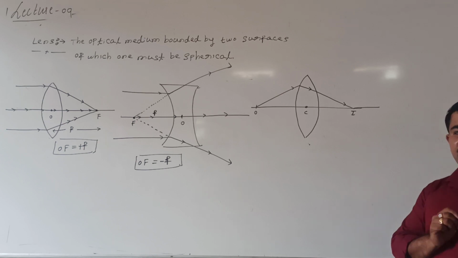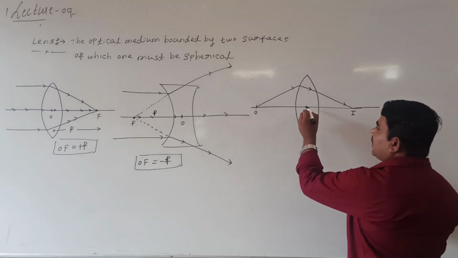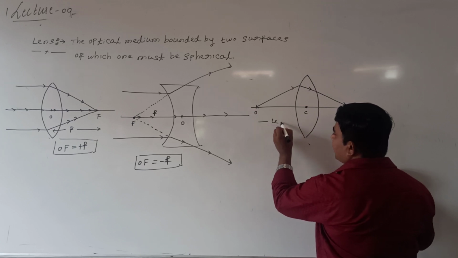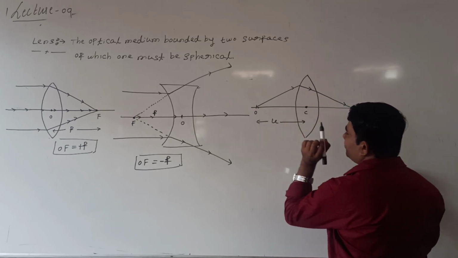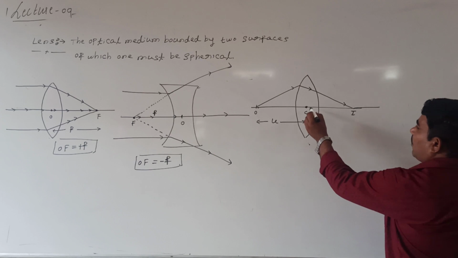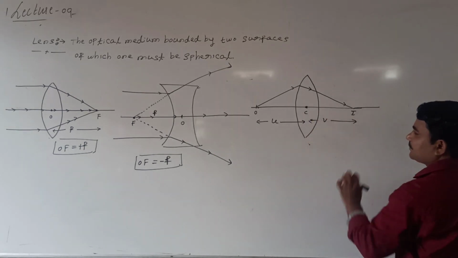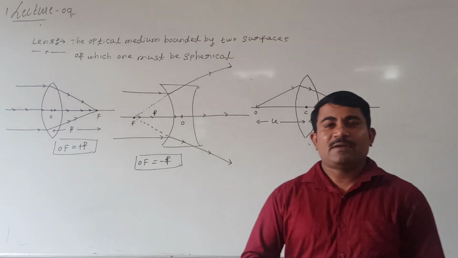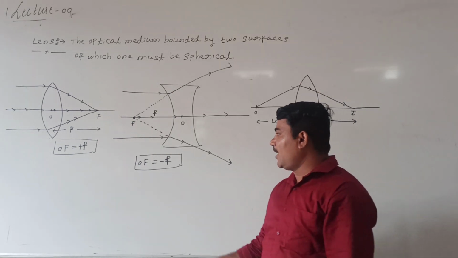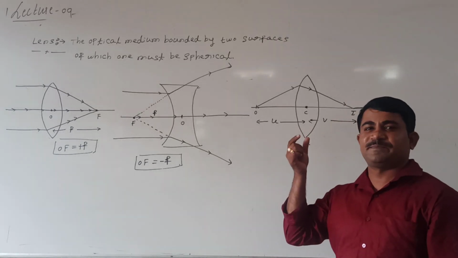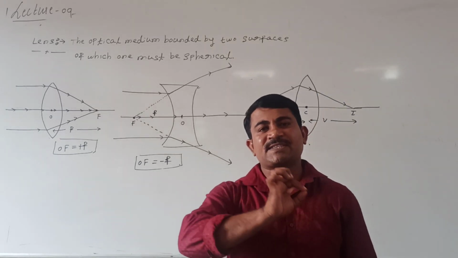Here two terms we are defining. One, the distance between the optical center and the object is called the object distance. The distance between the optical center and the image is called the image distance. The relation connecting focal length, object distance and image distance we call the lens formula.